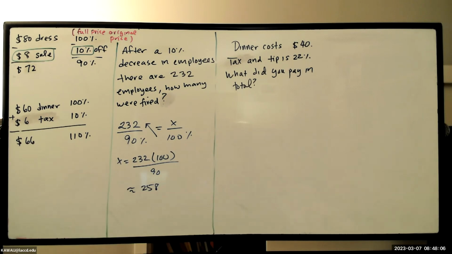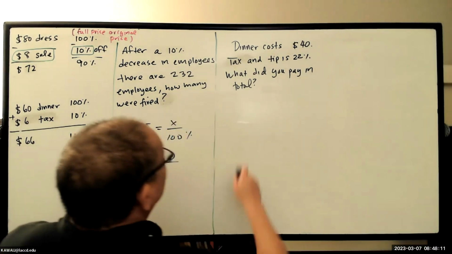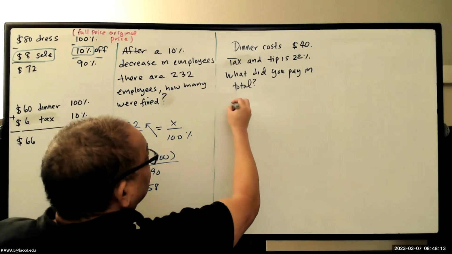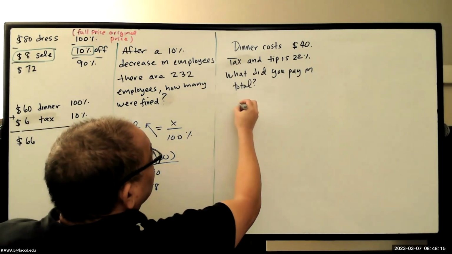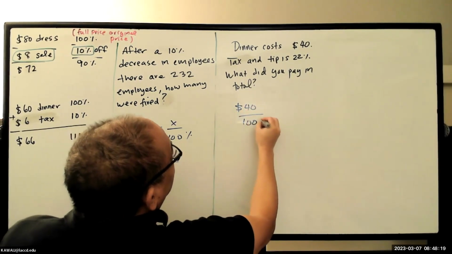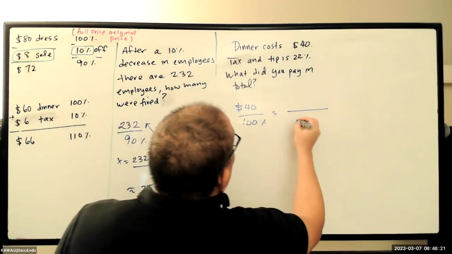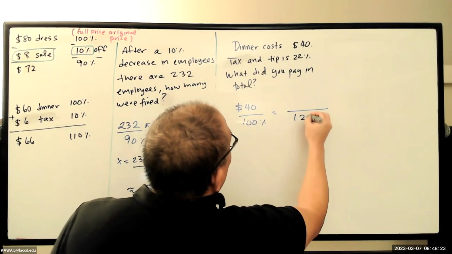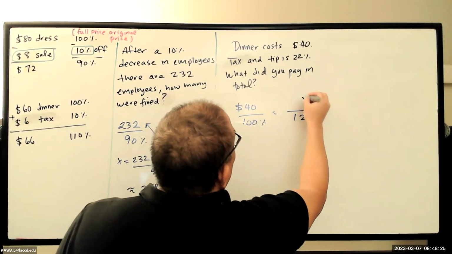Look at this. Okay, so you have $40 is 100%. And you want to pay 122%.